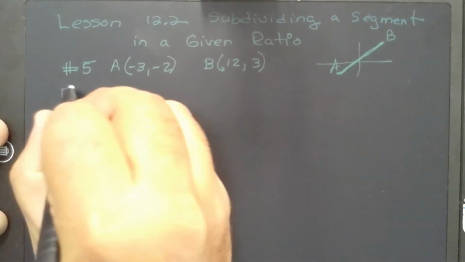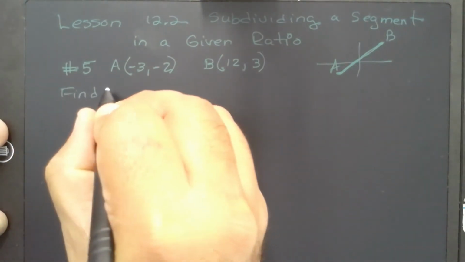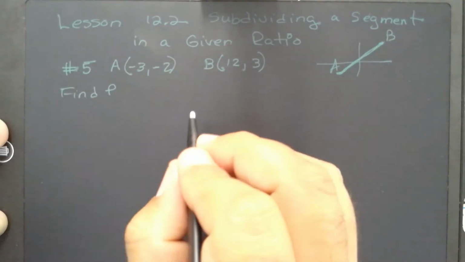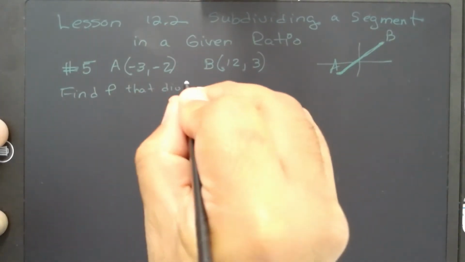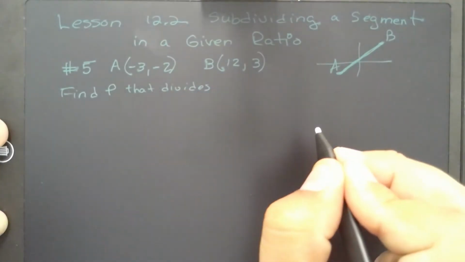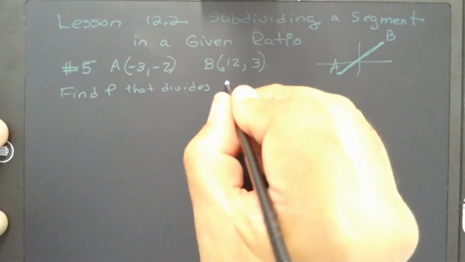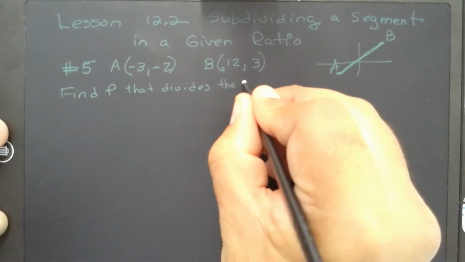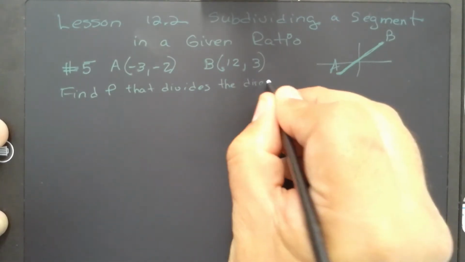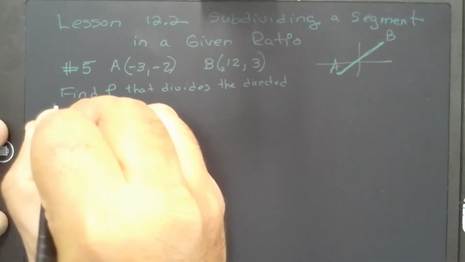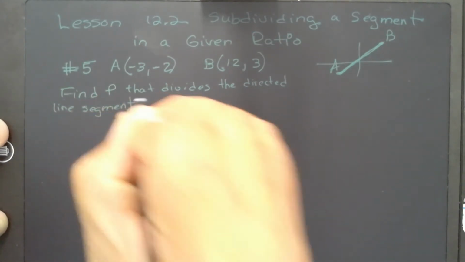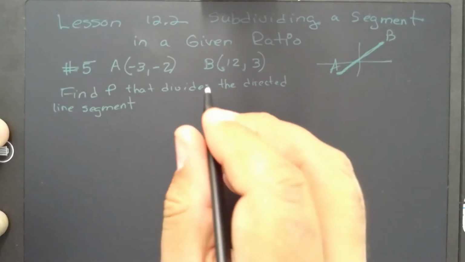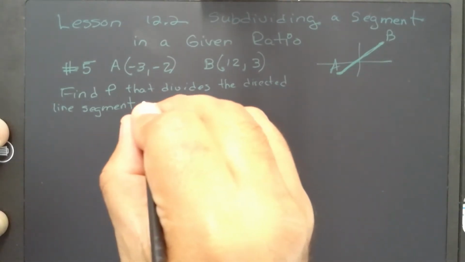We're trying to find point P that divides the directed segment for a given ratio.